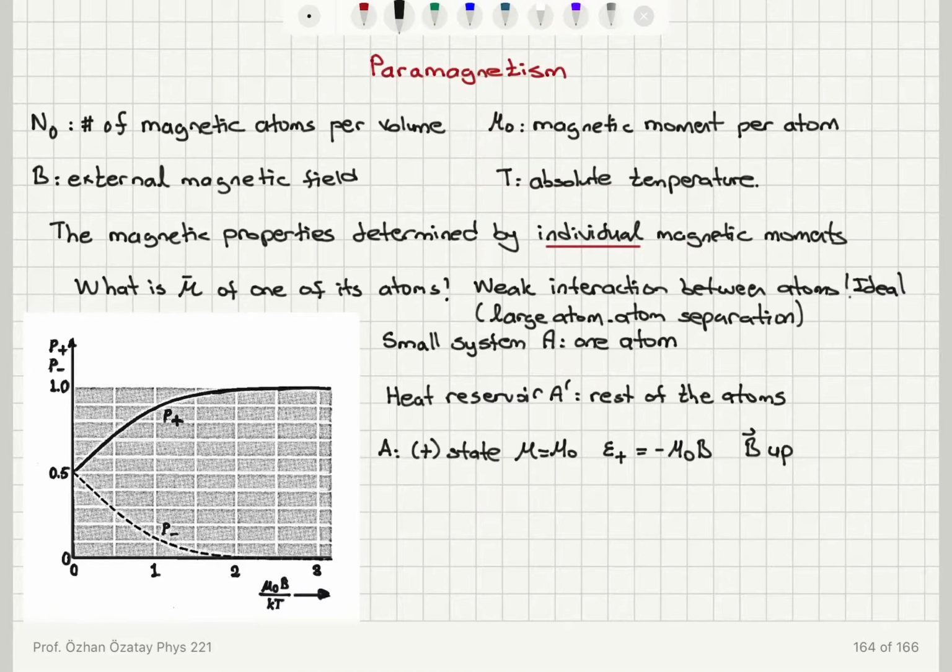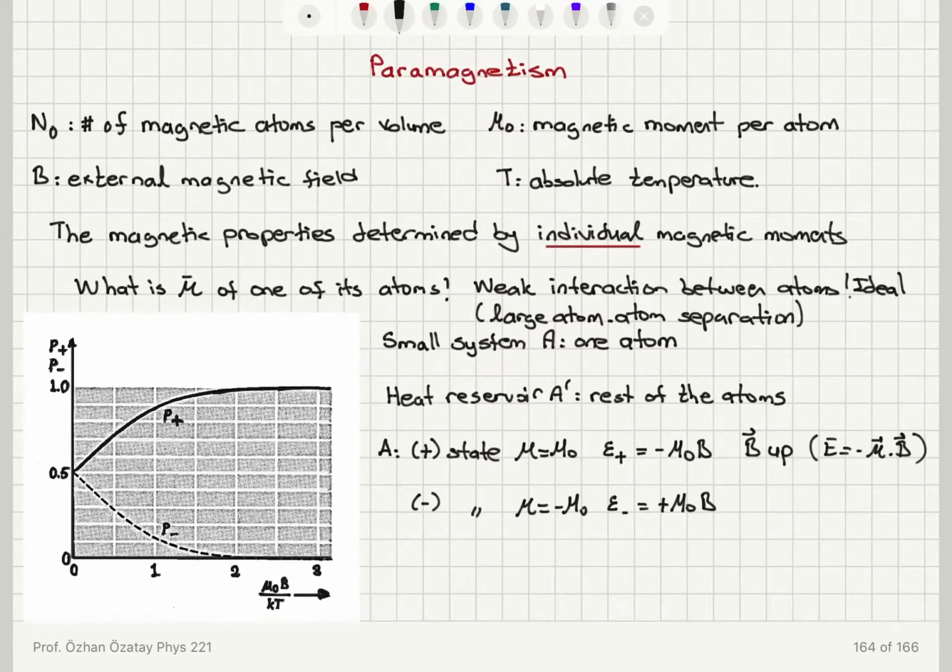So it is minus the dot product. Let me remind you, energy is minus the dot product of mu with B. So it's minus mu 0 B if they are parallel. The system A can be in the minus state with a magnetic moment minus mu 0. The moment is pointing down. Then the energy will be higher, plus mu 0 B.